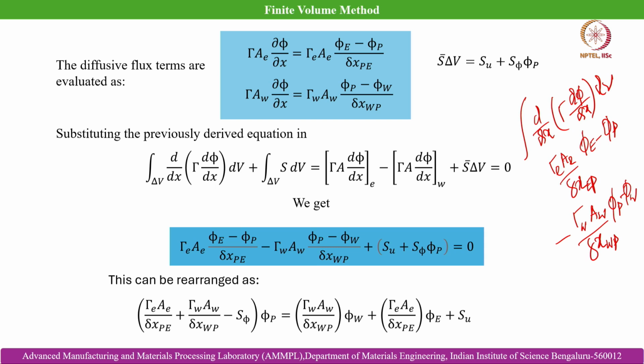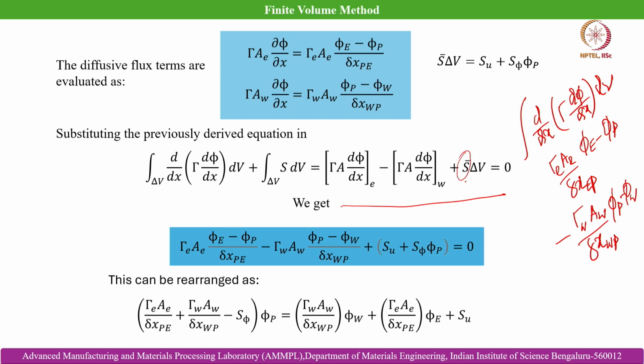And then you can see over here it is written like this, and the integral of the source term over the control volume can be written as the average value, that is S bar, into delta V, which is equal to 0.